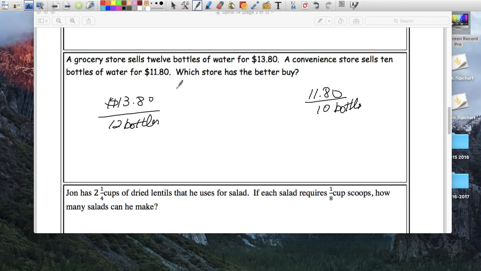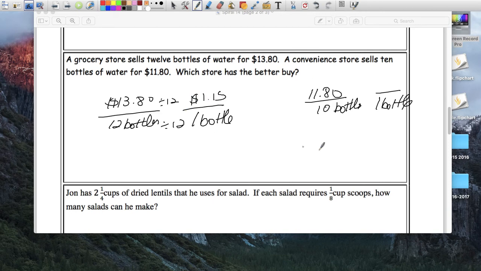Unit rate problem. Let's find out how much 1 bottle costs. 1 bottle. Do the same thing over here. So divide by 12. Divide by 12. So on that side, $13.80, it's going to give you $1.15 per bottle.